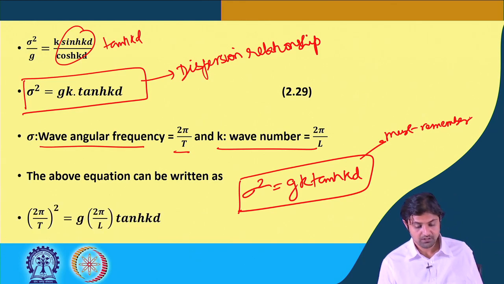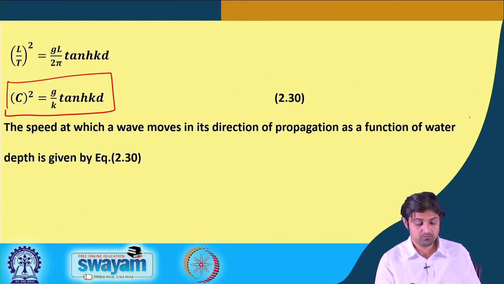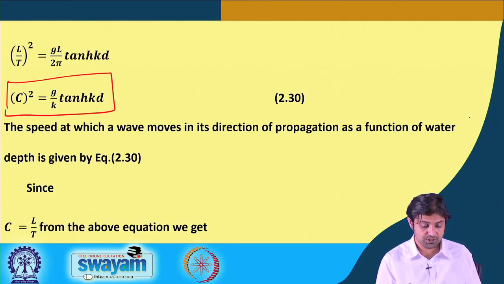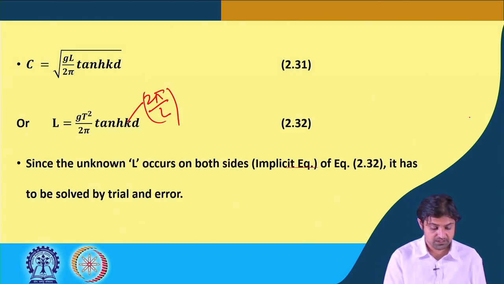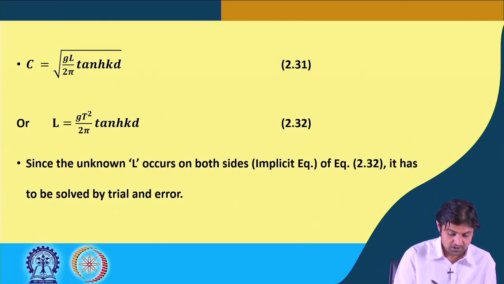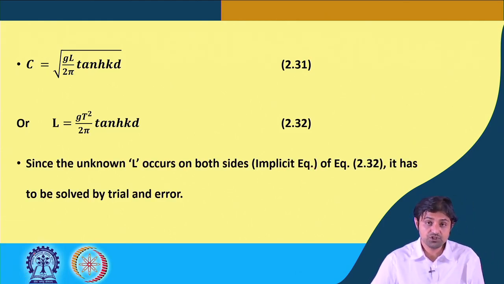All right, and doing some manipulation here and there, we can also write L is equal to g T square by 2 pi tan h k d. This is also a different form of the dispersion relationship, and because L appears on both sides of this equation 2.32, it needs to be solved by trial and error method.